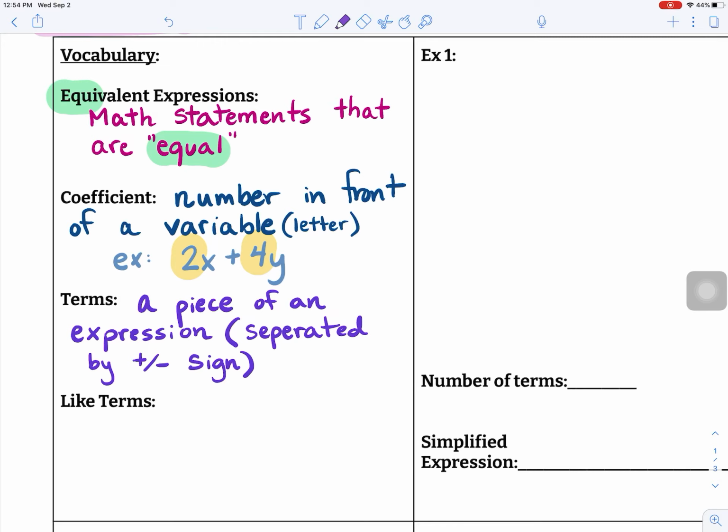So when I look at that example for coefficient, the 2x plus the 4y, we know that the 2 and the 4 are coefficients. When I say the piece of an expression separated by plus or minus signs, I see one little plus sign in the middle, which means this must separate these two pieces, these two chunks, these two parts. So this would be a term, and this would be a term. The 2x and the 4y.